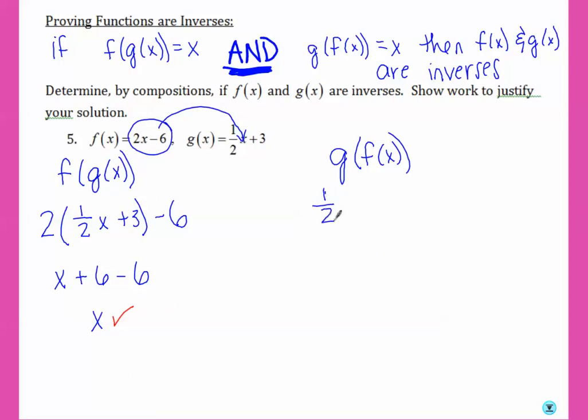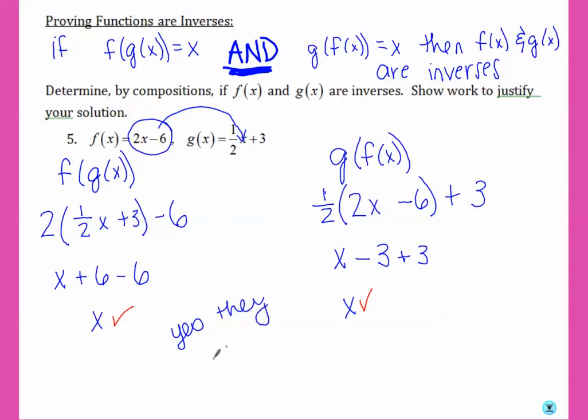So 1/2 times 2x minus 6 plus 3. Simplify, so distribute. Half of 2 would just be 1x. Half of minus 6 would be minus 3. Bring down the plus 3. Negative 3 plus 3 would be 0, so we're left with just x. So since we got just x for both of them, yes, they are inverses.